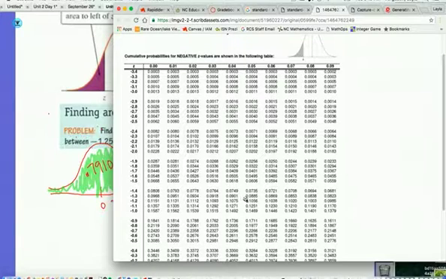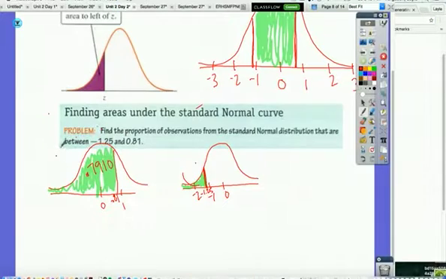So -1.2 lines up with 0.05 right here at 0.1056. So this area is 0.1056. Now keep in mind we discussed how this area was included in this one, but not included in this one.